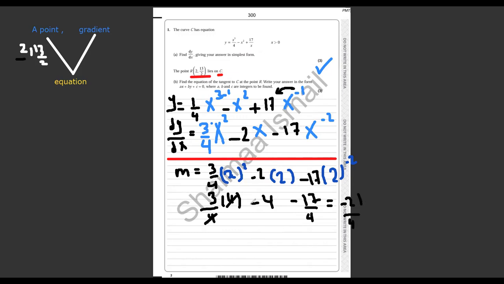Okay, and here we have the gradient, which is negative 21 over 4, and we are going to apply it for the equation.